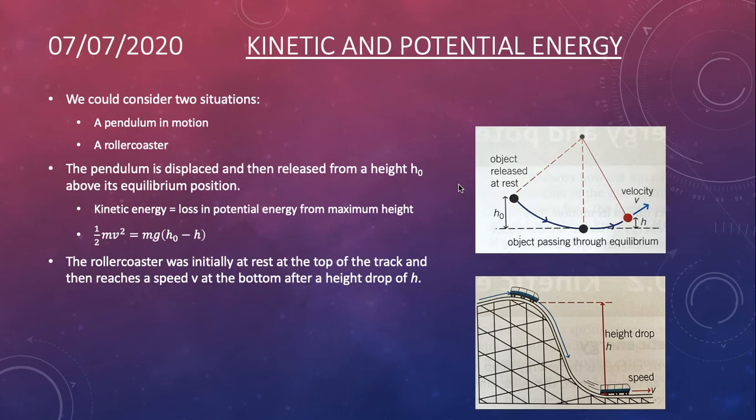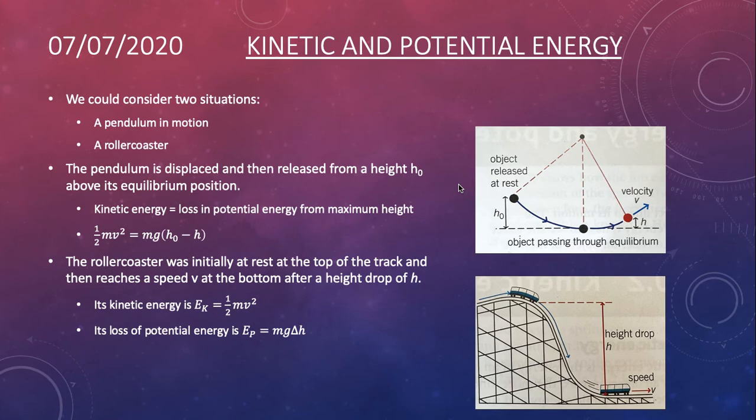What about the roller coaster? If it's initially at rest at the top of the track and then accelerates down to speed v at the bottom after height drop h, its kinetic energy is half mv squared. Its potential energy, mg delta h.